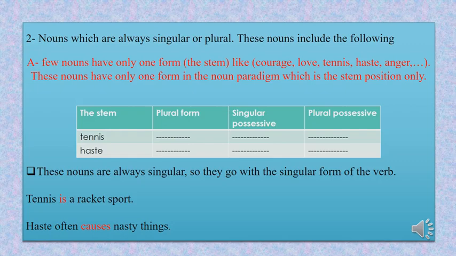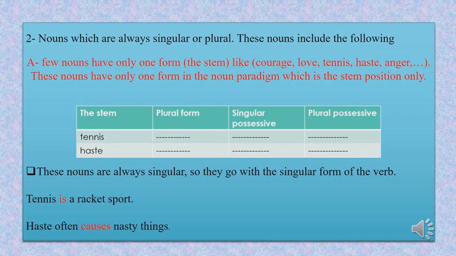So the noun paradigm of haste is only haste in the stem position. Since these nouns are always singular, they should go with the singular form of the verb. In the present simple tense, when these nouns come in the subject position, the verb after them should take the S third. If we have is or are, they should take is. If we have has or have, they should take has, because they are singular and they take the singular form of the verb.